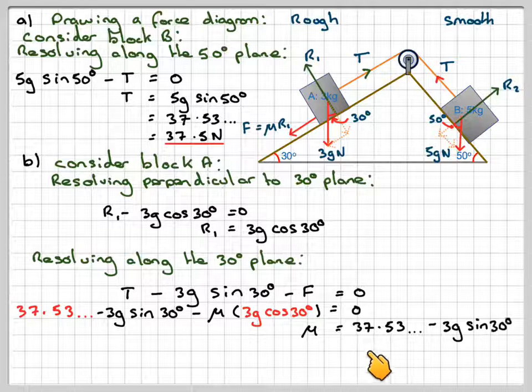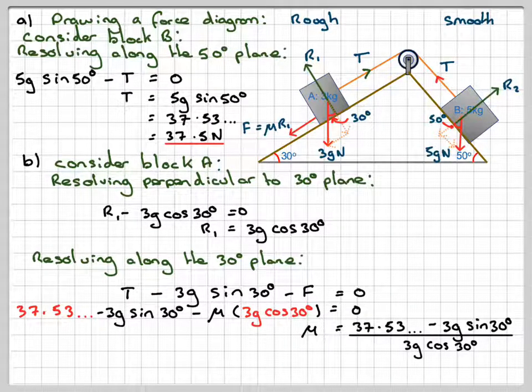That will give mu equal to 37.53 minus 3g sin 30, divided by 3g cos 30, which gives you 0.8968, which is 0.897, correct to three significant figures.